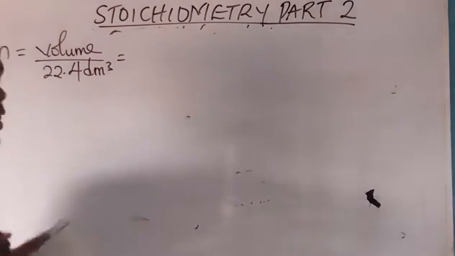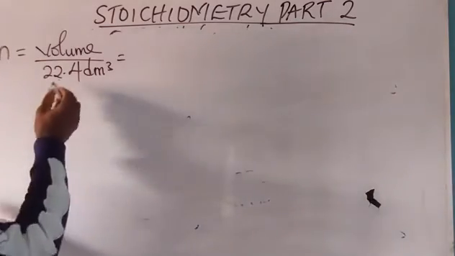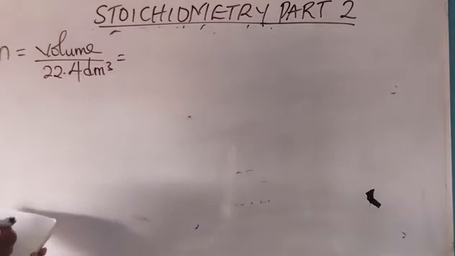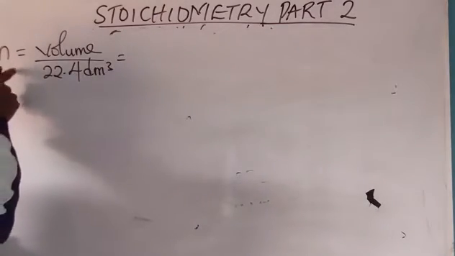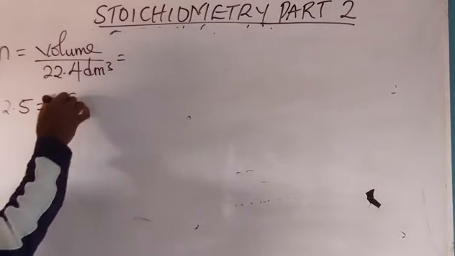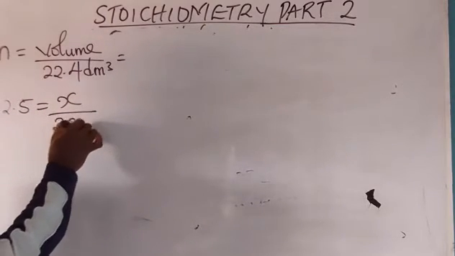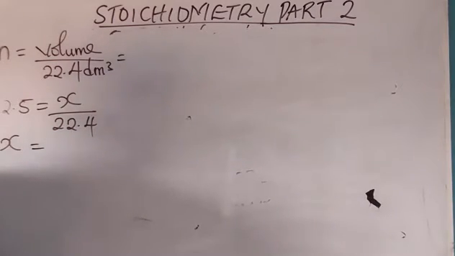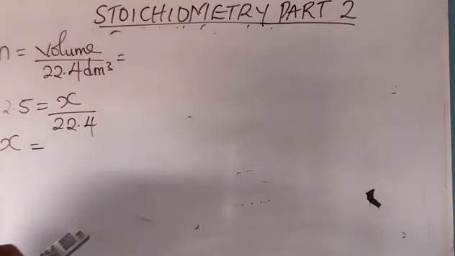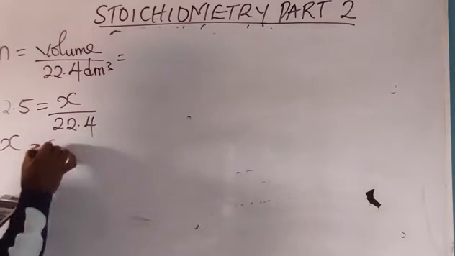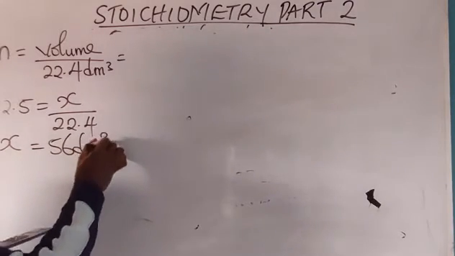If the options were in cm cube, I would have changed this to 22400. Number of moles was given as 2.5. The volume we don't know, x, over 22.4. So x is equals 2.5 times 22.4 equals 56. So 56 dm cube.